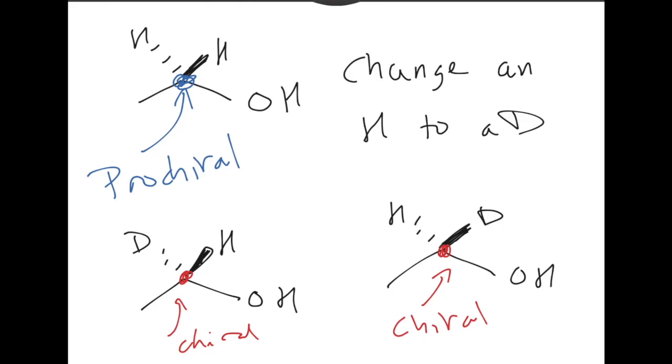Just making that small change, effectively adding an extra neutron to your hydrogen, takes this carbon from not chiral to chiral. So, before we go through all the rigmarole, why does this matter? Why do we care that carbons can be almost chiral? Again, we will use ethanol as our example.